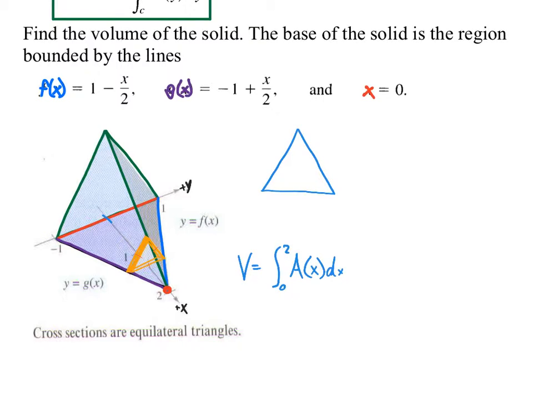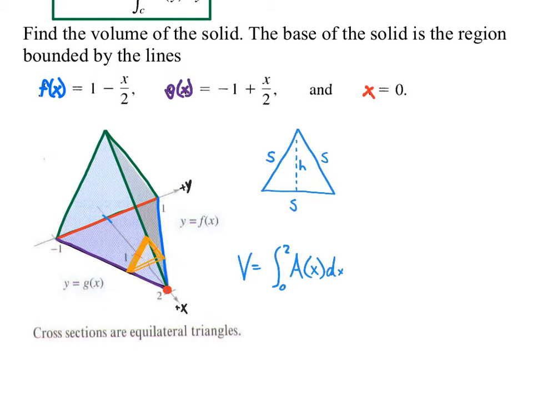Okay? So if this is equilateral, let's think this through. This is a side, side, side. They're all the same. What else do we know about this triangle? We could make it into 2 90-degree triangles, and that would be the height.